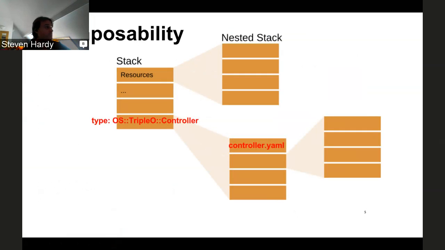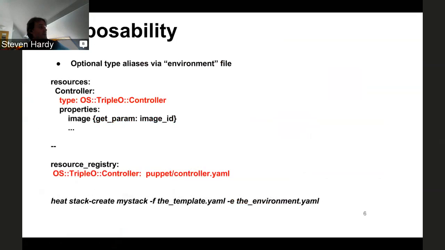Nope, just someone joining. So this is the interface in the template definition form. You define a type for a resource, and in this case, it's called OS::TripleO::Controller. That type can either be one of the heat built-in resources, like OS::Nova::Server or OS::Neutron::Port, and those are defined via heat resource plugins, which is some Python code that Heat has running on the Heat service side itself.